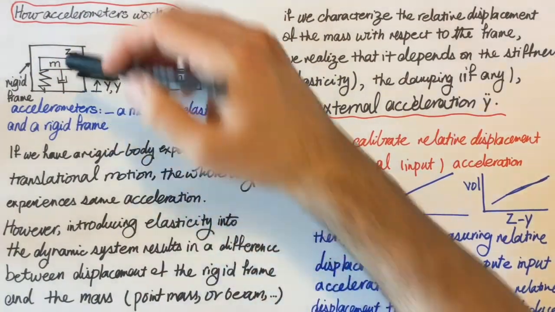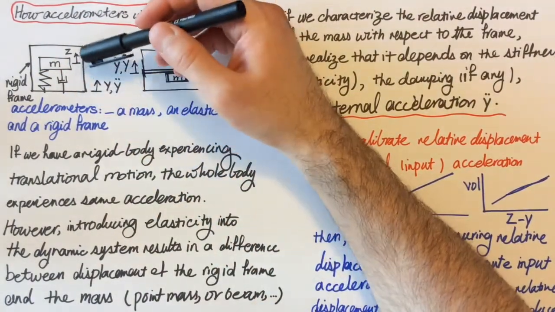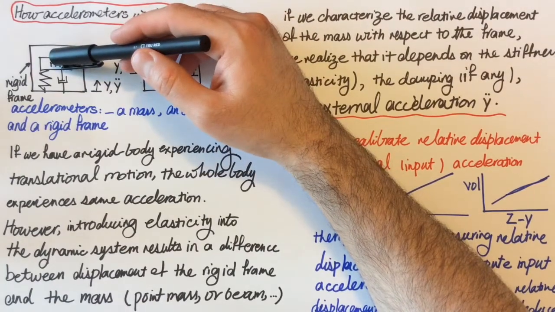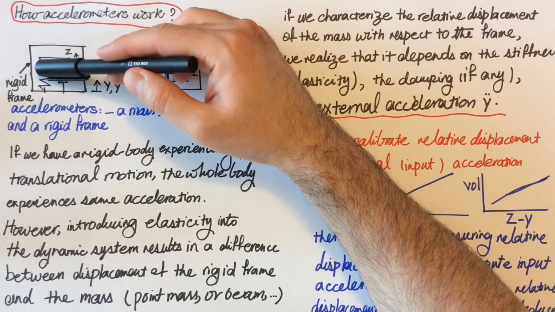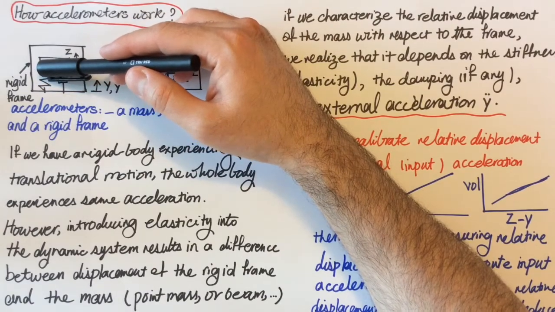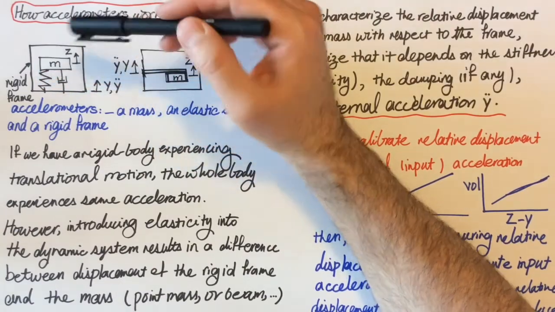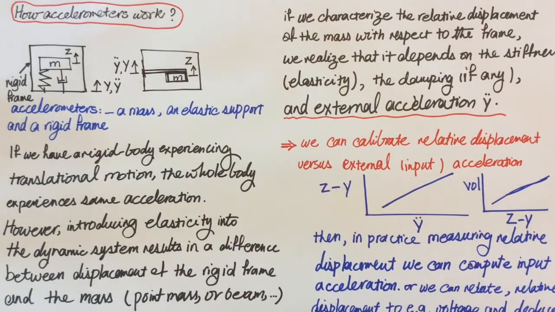So the frame moves up and down, for example, and as the mass moves up and down, the spring also compresses and decompresses, and this is a damper. So you do see that all the time there is a relative displacement.